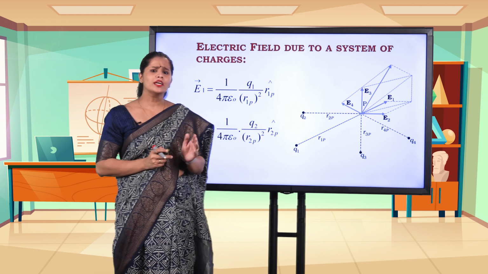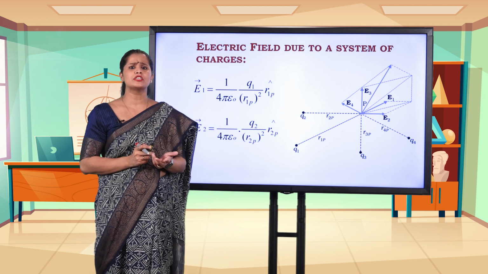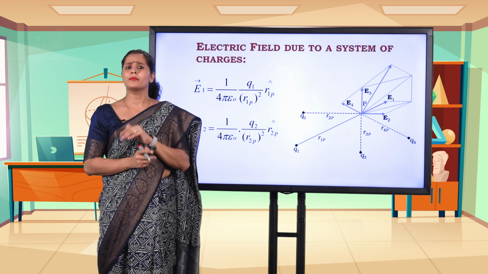Now find the total electric field at the given position. We use the superposition principle.